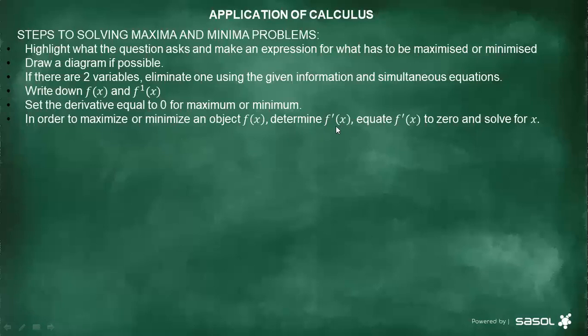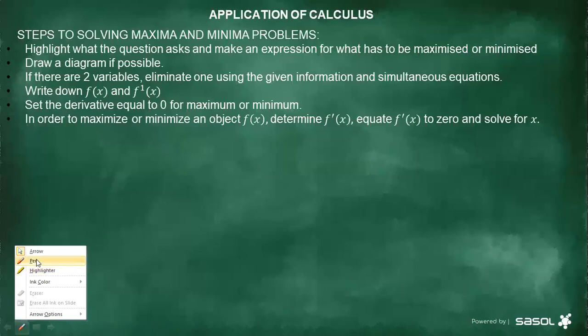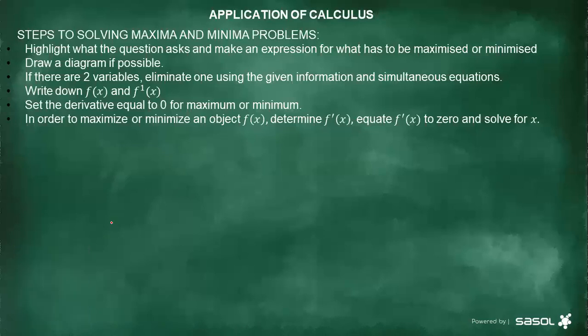Remember f prime meaning we have to derive. We have to do the derivative of f of x. Then after doing the derivative, we then equate it to 0 so that you can be able to solve the value of x. All right. So those are the steps that you should follow when you are answering questions under application of calculus.